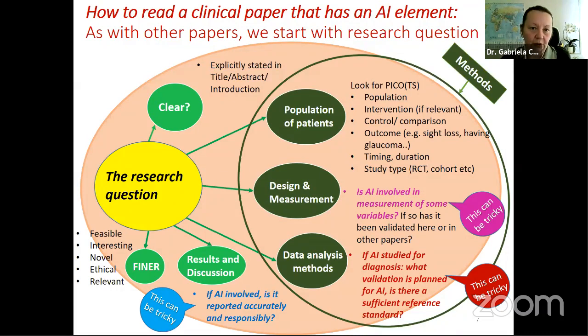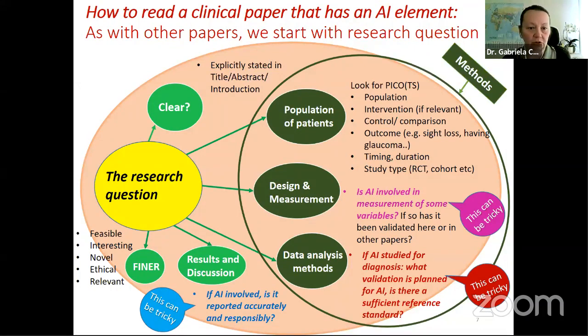The research question can be automated diagnosis of glaucoma, or automated segmentation of capillary non-perfusion, okay, and then learning whether this capillary non-perfusion is in any way associated with the death of the patient or not. So that's the most important part. Is the research question clear in the paper?